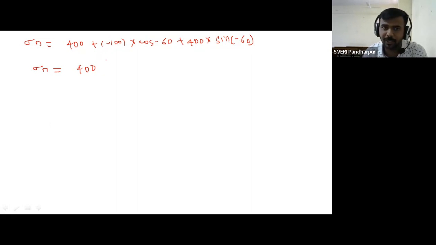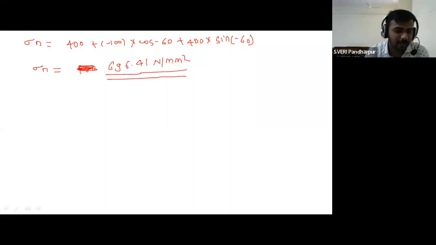You can transfer the negative sign here. If possible, you can do the total calculation simultaneously and write down the final answer, but just for step by step calculation, I'm explaining the things in detail. So what is the total answer? 696.41 Newton per mm square.